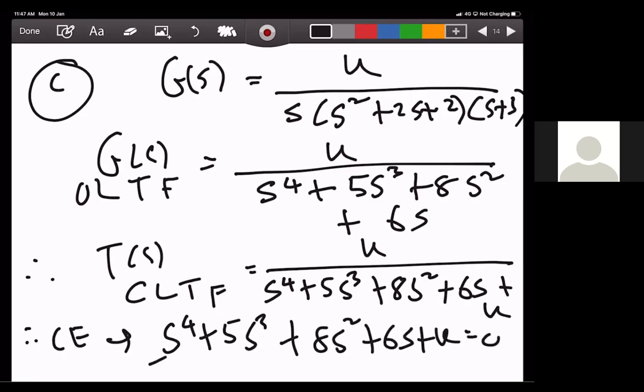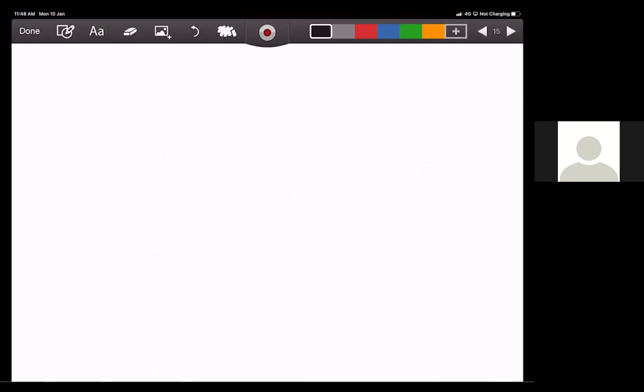Okay. And the coefficients 1, 5, 8, 6, and K, we insert into the Routh table.